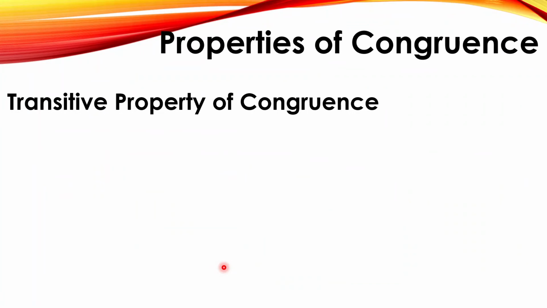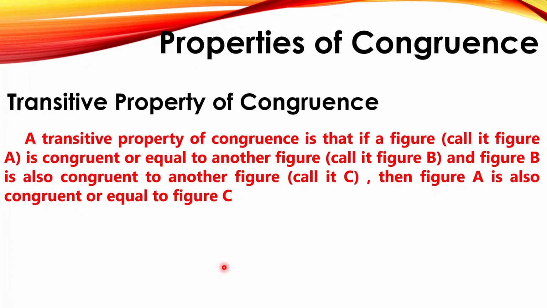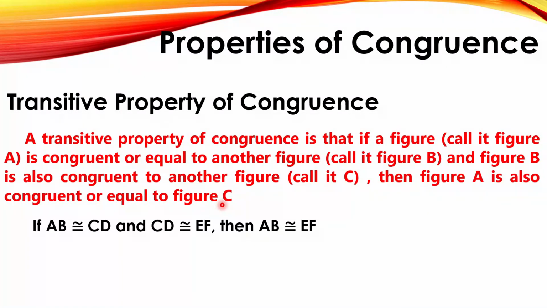Last is the transitive property of congruence. The transitive property of congruence is that if a figure, call it figure A, is congruent or equal to another figure, call it figure B, and figure B is also congruent to another figure, call it C, then figure A is also congruent to figure C. If AB is congruent to CD and CD is congruent to EF, then AB is congruent to EF.